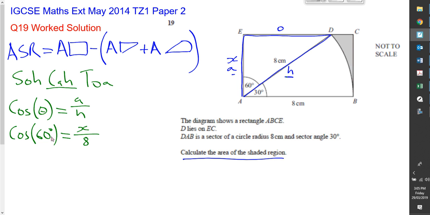If I rearrange my formula, I'm going to get the x out of this fraction, so I'm going to multiply this side by 8. Whatever I do on one side, I must do the other. So this will rearrange to x is equal to the cosine of 60 multiplied by 8.